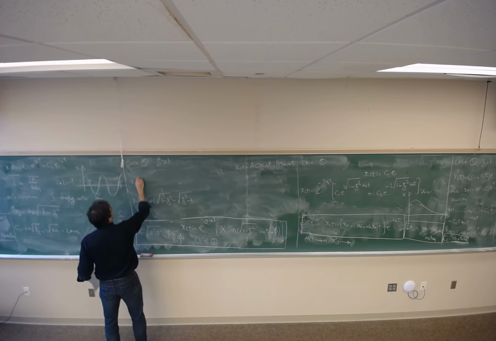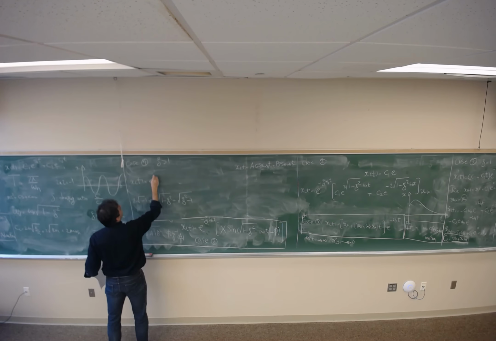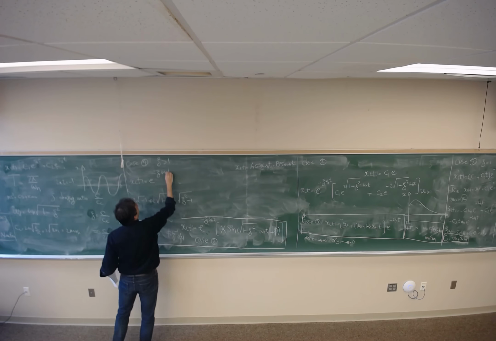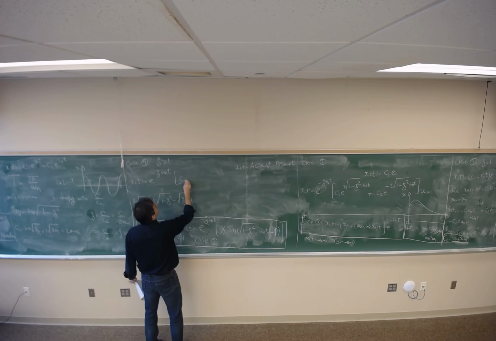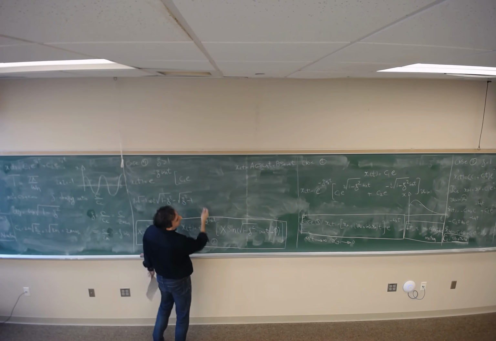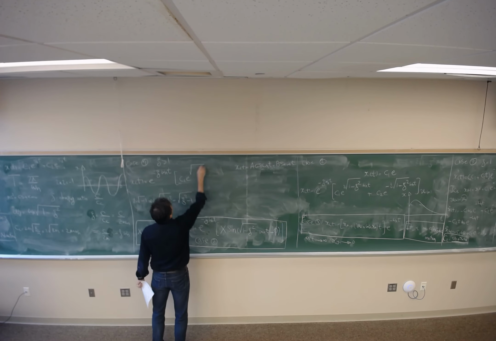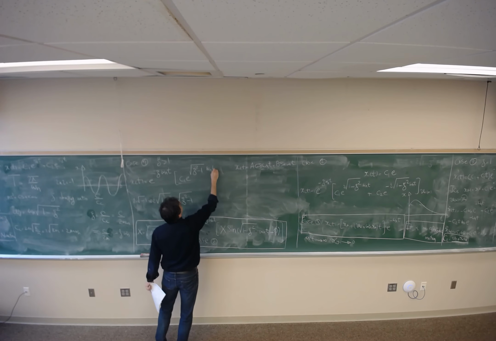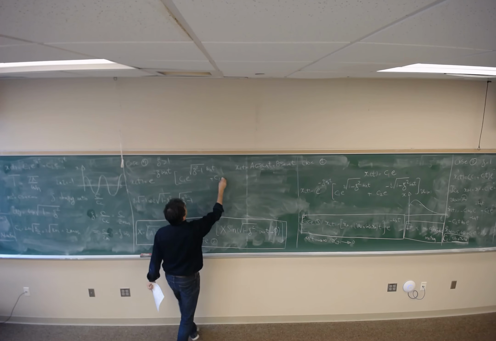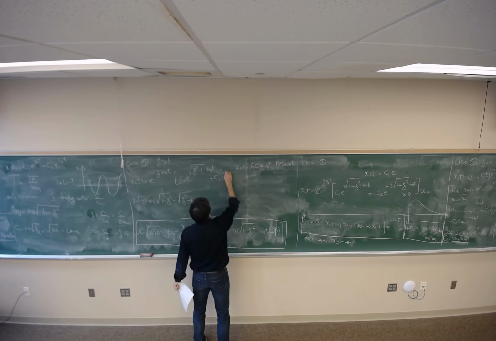x of t would be e power negative zeta omega n t times c1 e power square root of zeta square minus 1 omega n t plus c2 e power negative square root of zeta square minus 1 omega n t.